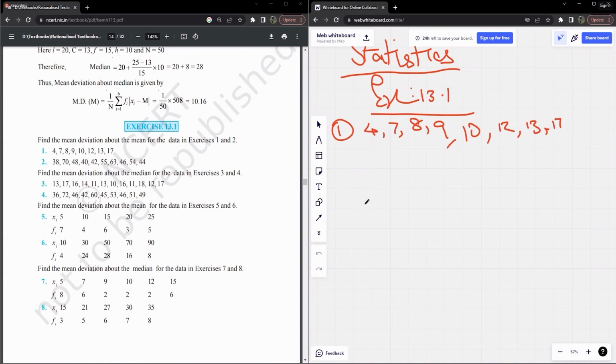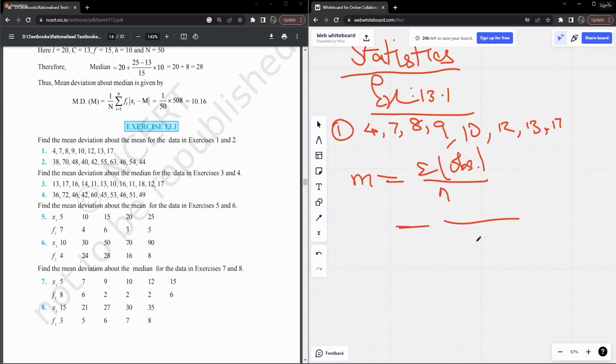I'll represent the mean as small m, so we don't get confused. So small m is equal to the sum of all the data members, the sum of observations, divided by the number of observations.